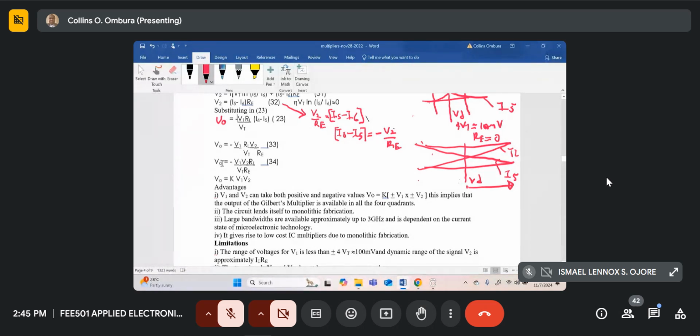So we get equation 34: V naught is minus V1 V2 RL over VT RE, which can now be put in the standard form that V naught is some scalar into V1 V2, where the scalar K is just RL over VT into RE.